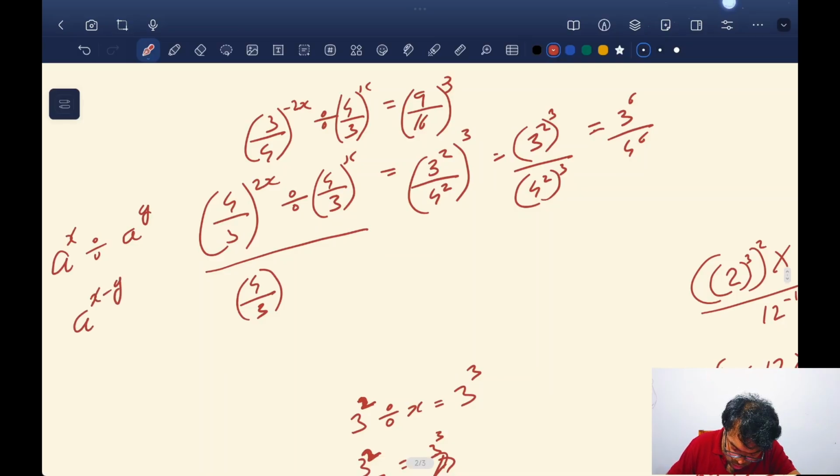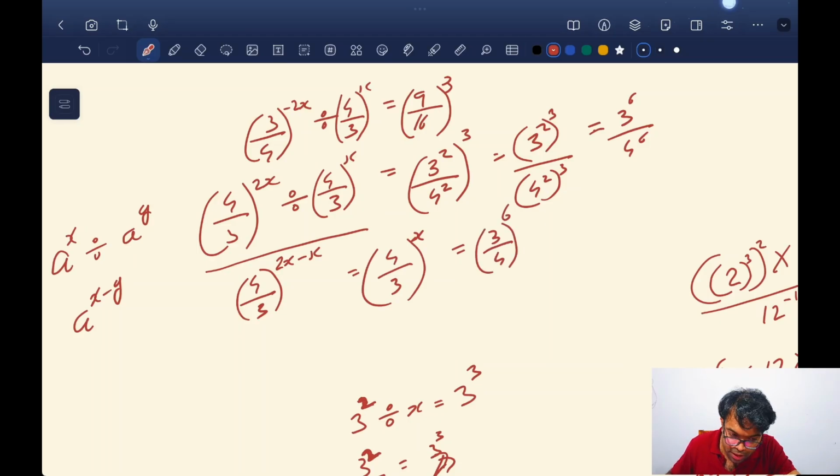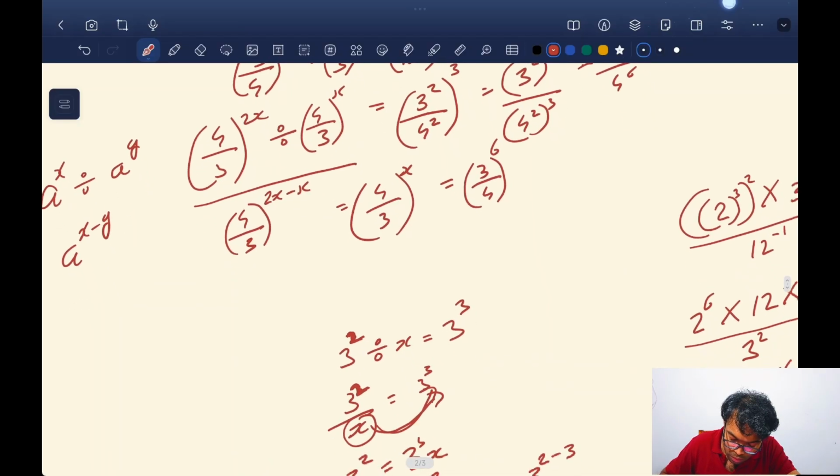So 2x minus x, 4 upon 3 the whole to the power of x is equal to, what will it be here? 3 to the power 6 upon 4 to the power of 6, how can we write it? 3 upon 4 the whole to the power of 6.